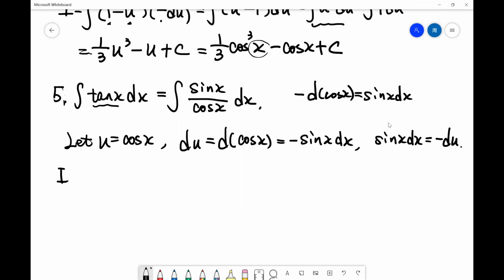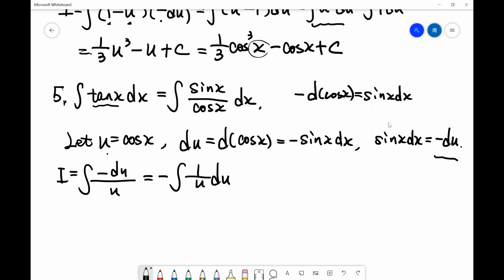Then the integral can be written as sine x dx, that is minus du, by cosine x, that is u. So that means minus 1 by u du.